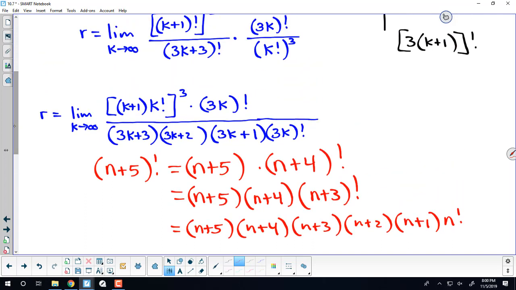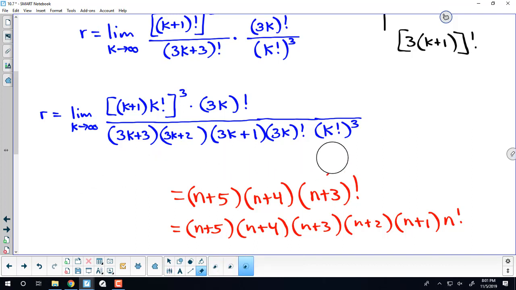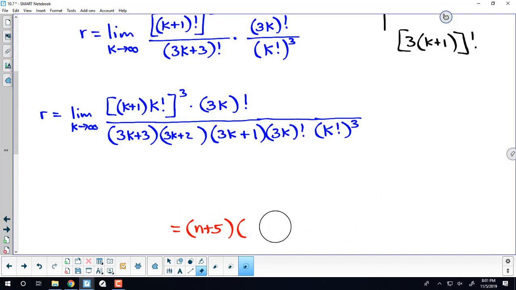Okay, so that's the 3k plus 3 factorial. We still have the k factorial cubed here. I really don't know a better way around that, because I don't think there is. And then we'll look at what cancels here.